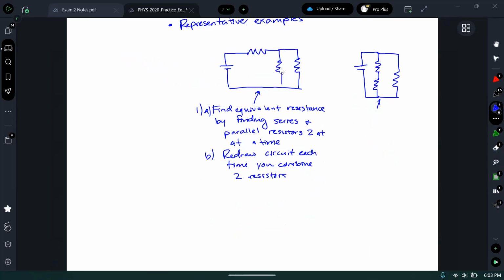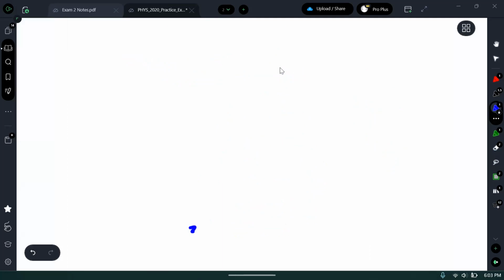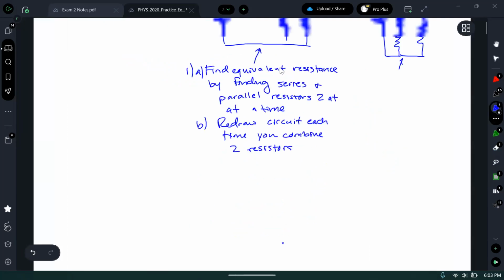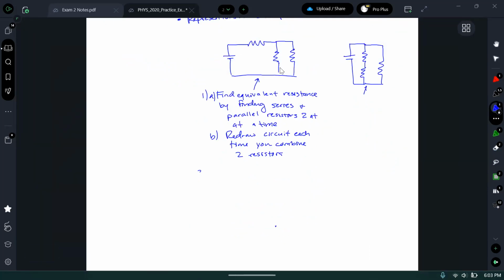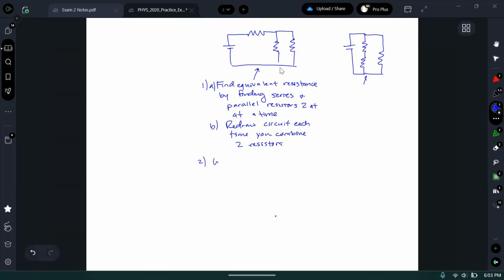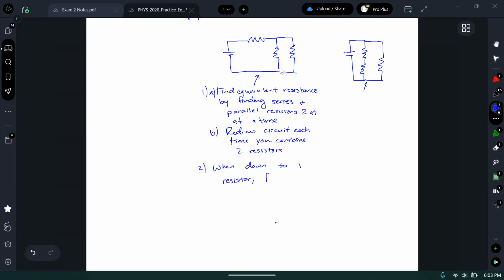Okay, so once you're down to one resistor, which would be the equivalent resistance for the entire circuit, find the current leaving the battery from V equals IR.